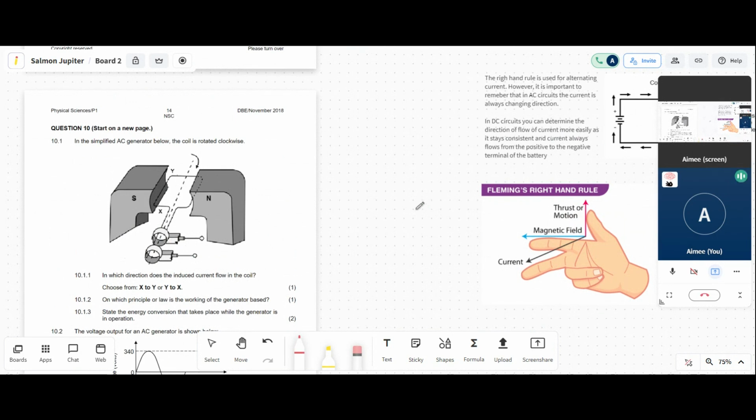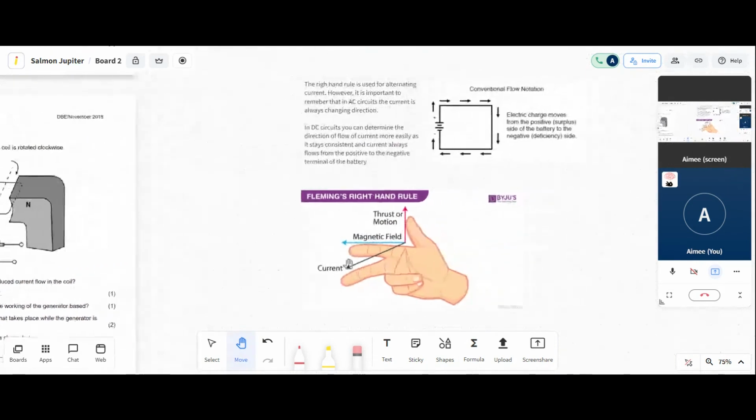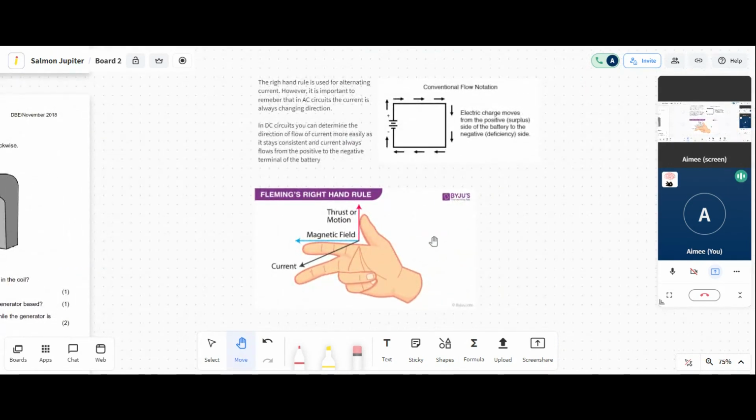It's very important to remember that when we're dealing with alternating current, you need to use Fleming's right-hand rule. So the right-hand rule is used for alternating current when we're trying to determine which direction the current is moving in, what direction the motion is moving in, anything like that.